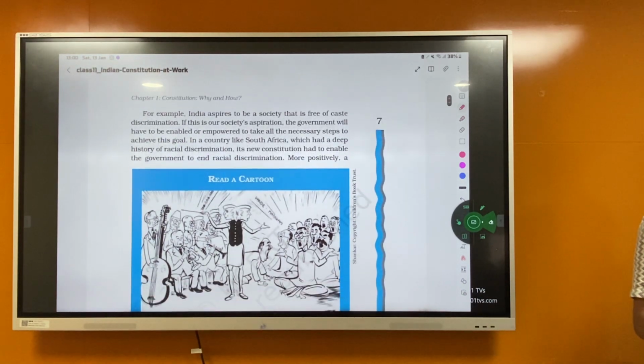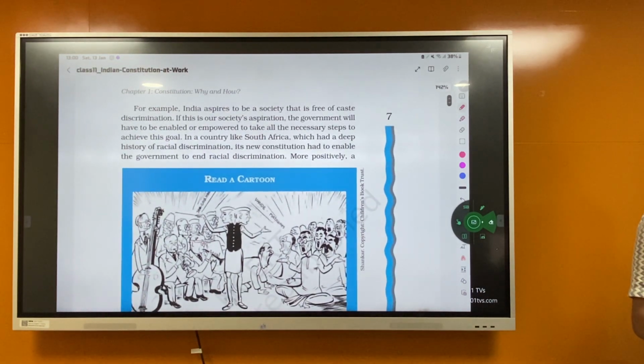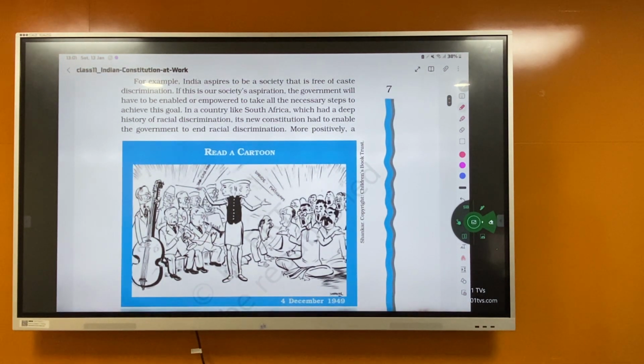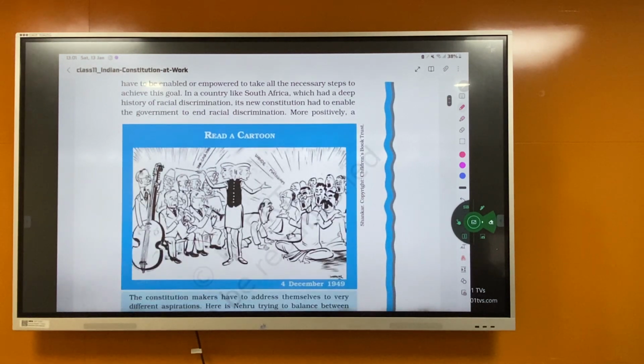Next. For example, India aspires to be a society that is free of caste discrimination. If this is our society's aspiration, the government will have to be enabled or empowered to take all the necessary steps to achieve this goal. In a country like South Africa, which had a deep history of racial discrimination, its new constitution had to enable the government to end racial discrimination.